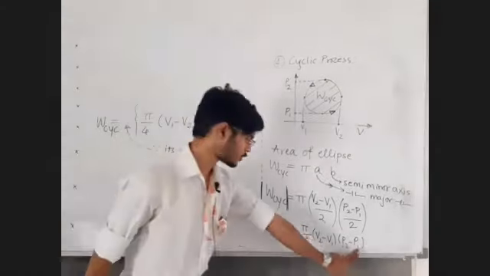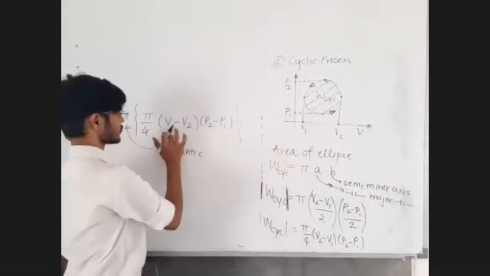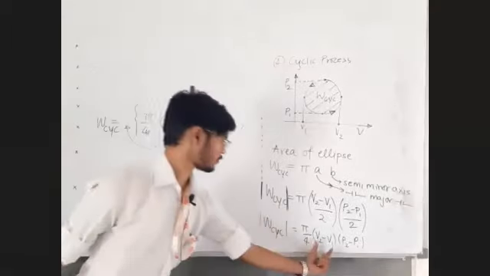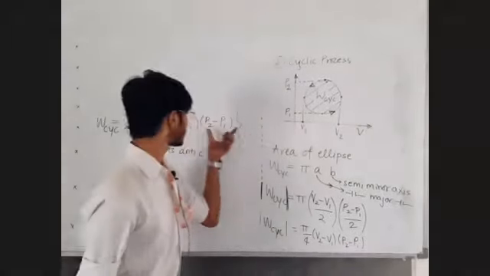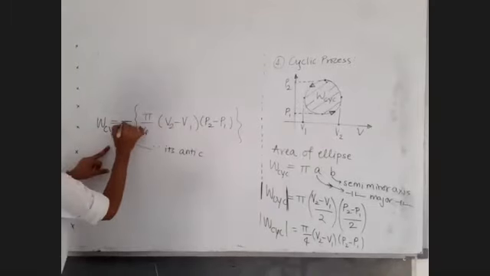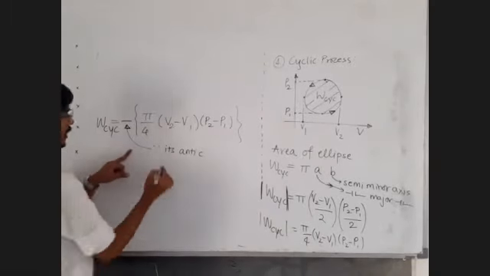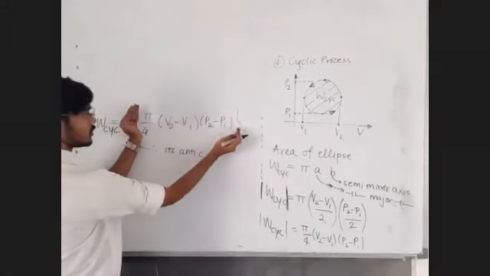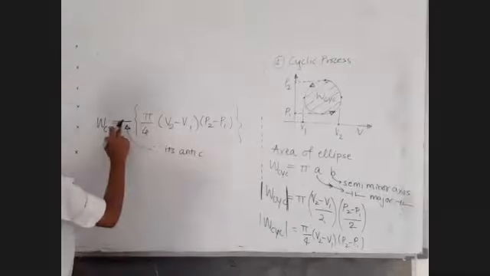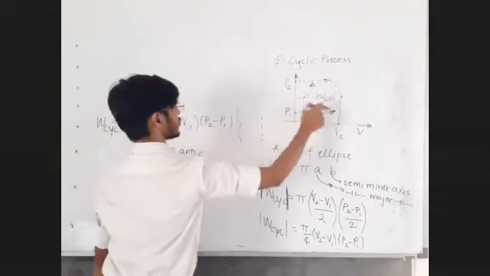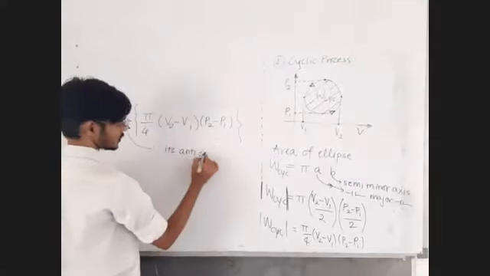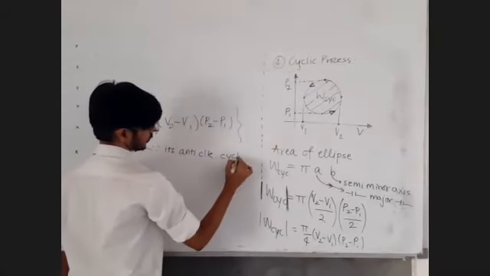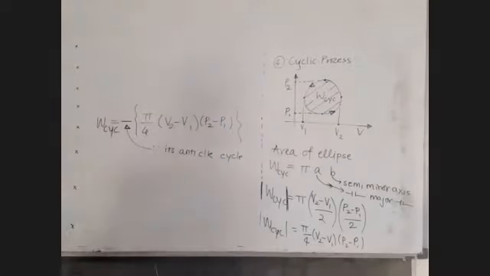I have to write this numerical value as it is: pi by 4 as it is, V2 minus V1 as it is, P2 minus P1 as it is, and now for the compensation I will add the minus sign. I know this numerical value is going to be a positive number, and this minus sign is for this anti-clockwise cycle. Is that clear?